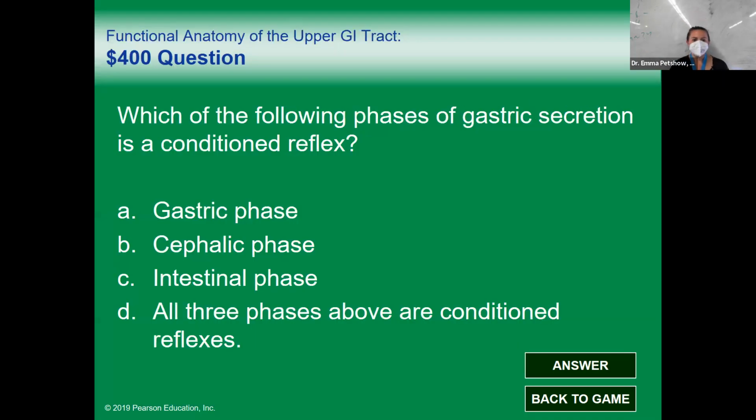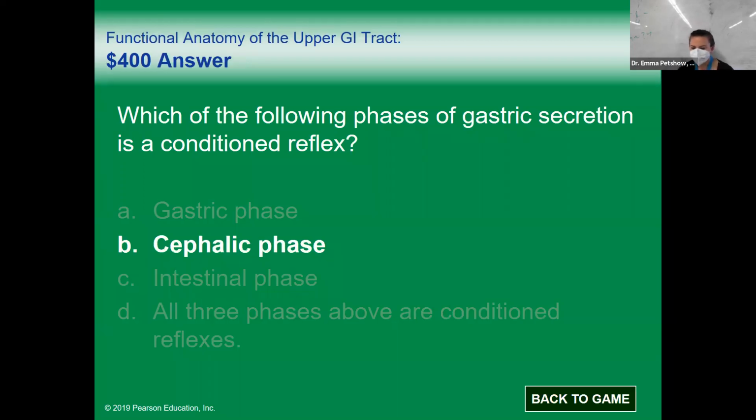Upper GI 4. Which of the following phases of gastric secretion is a conditioned reflex? The gastric phase, the cephalic phase, the intestinal phase, or all three phases are conditioned reflexes. Ooh, this is tricky. You said cephalic. You are correct. So what is a conditioned reflex?